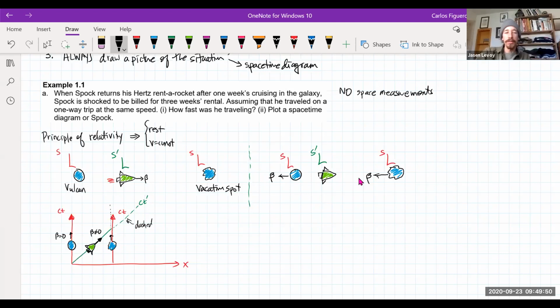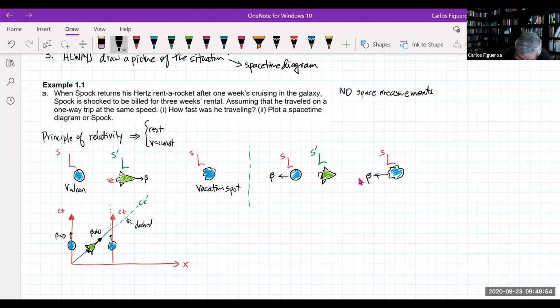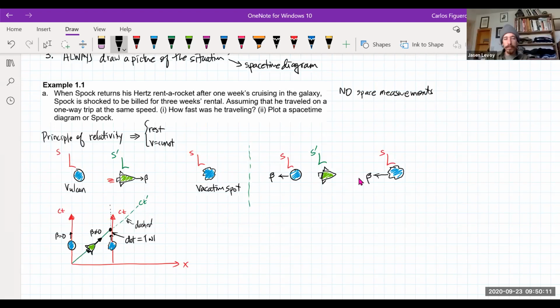Must have been his, because he was surprised by the 3-week spell. Right. So it has to be that. So that means in his frame, now we got to be really, really careful here. In his frame, that dot right there equals 1 week.